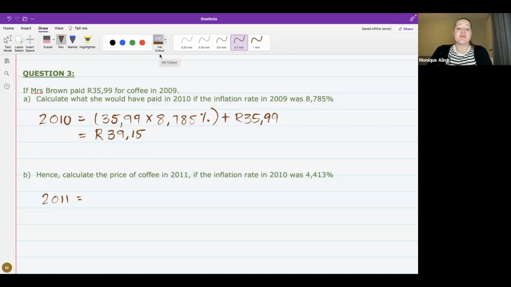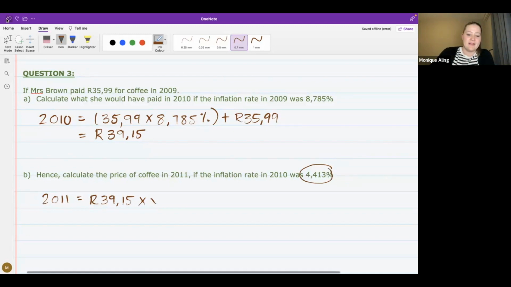We had to use the previous year's amount, just like in compound interest. So in 2010, the coffee cost 39 Rand, 15 cents. The inflation rate is different. So we times by 4,413%.